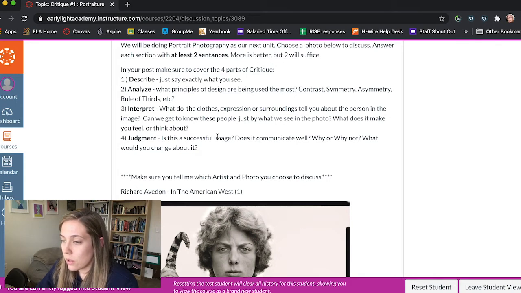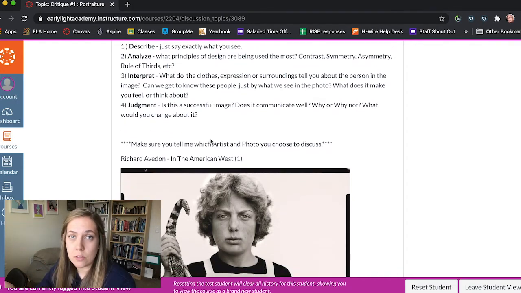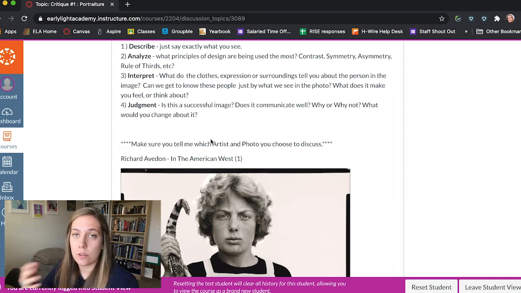You could also talk about, if it's a successful image, if it's visually appealing to look at. And not just, oh, I don't like the color blue and this photo uses a lot of blue. Try to think of those principles of design. What are things that they could alter about the image that would improve it?